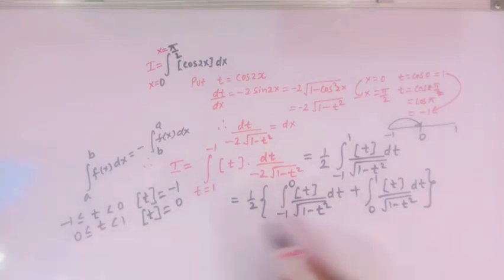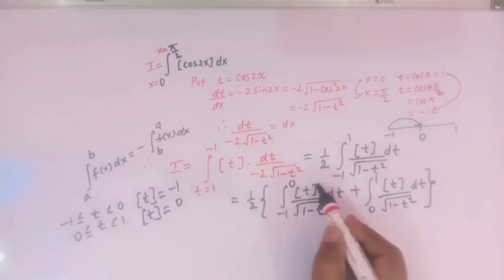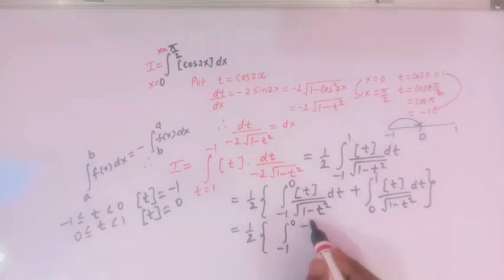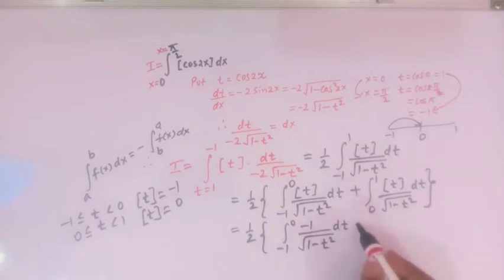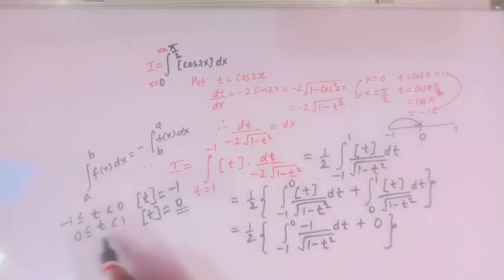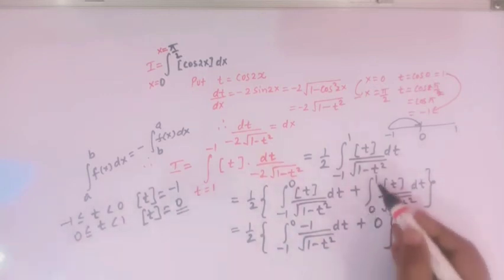So we can write greatest integer t equal to minus 1. So we have half, and we have minus 1 to 0 of minus 1 divided by square root of 1 minus t square dt, and the second integral is 0, because the value of greatest integer t is 0 here, as t lies between 0 and 1.